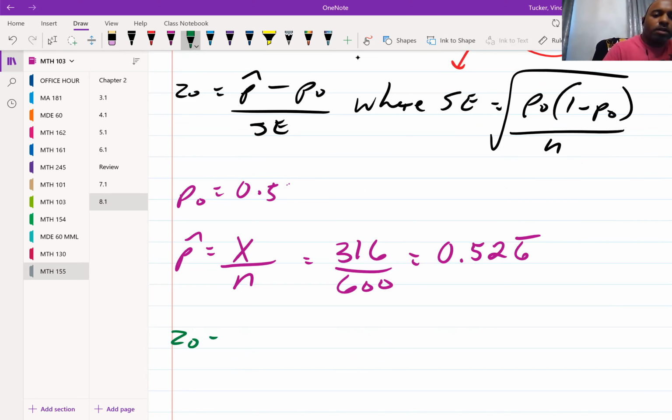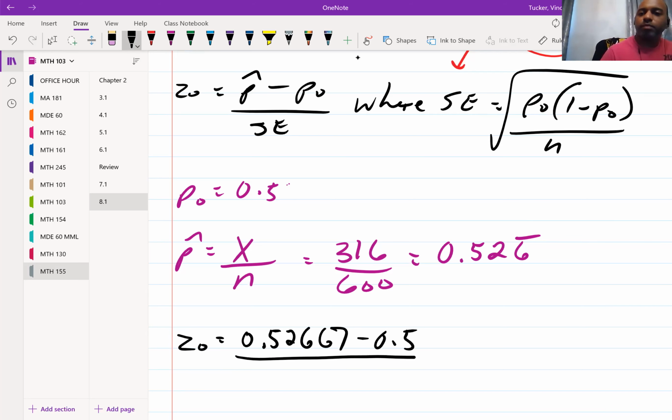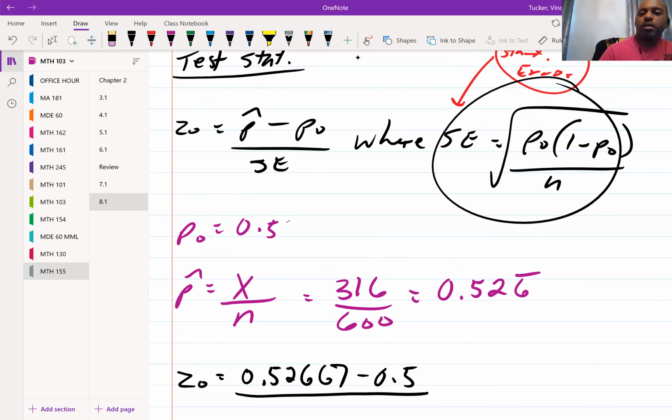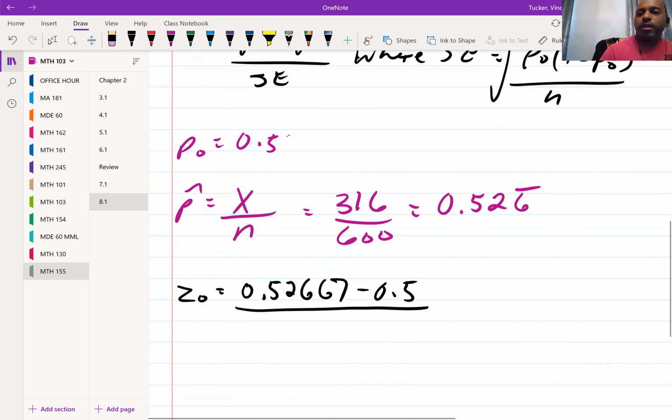All right, now we can go ahead and plug it into our test statistic formula. Now, if you want to find this piece separate, I guess we could have found it separate and then calculated with it.